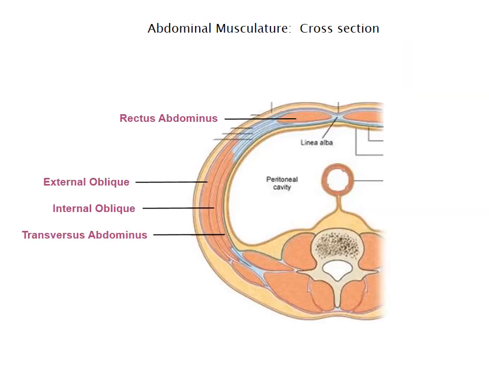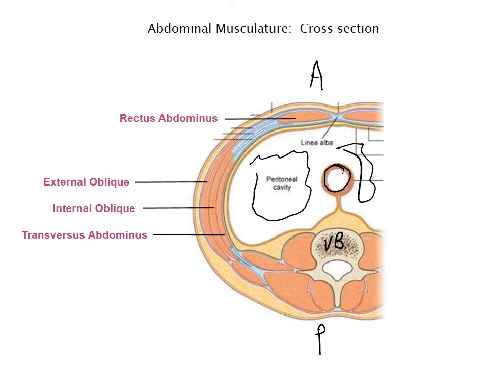Okay, so here we see a cross section of the abdomen. And so this is anterior, this is posterior. Of course, this is a vertebral body here. And this is what would be your abdominal contents in here. And this is your aorta. So anteriorly, of course, we have that rectus abdominis, part of your six-pack. And then over here on the side, we have 3 muscles.